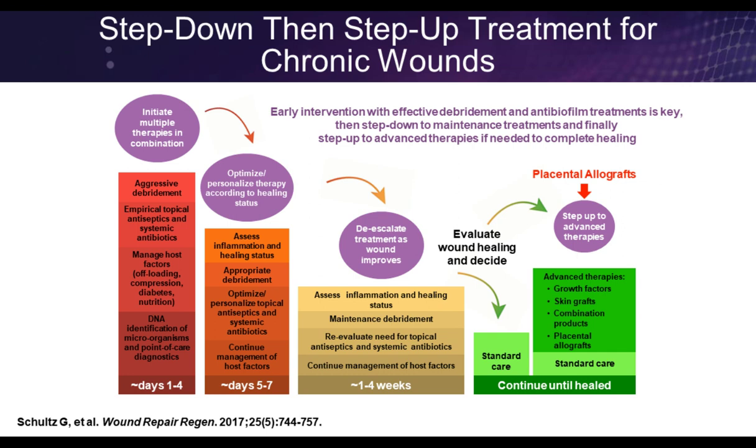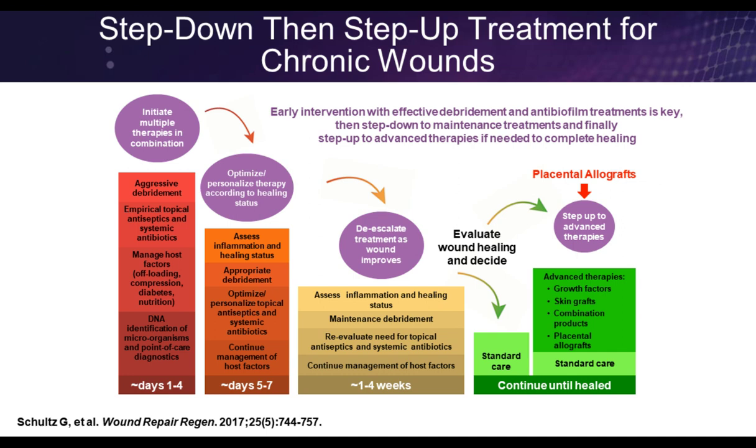And then as the wound comes out of the inflammatory phase, you can step down in both the frequency of debridement as well as in the aggressiveness and spectrum of the antimicrobial treatments. And finally, when the molecular imbalances have been reestablished into levels consistent with healing, the wound will start to heal. And in many cases, that's adequate.